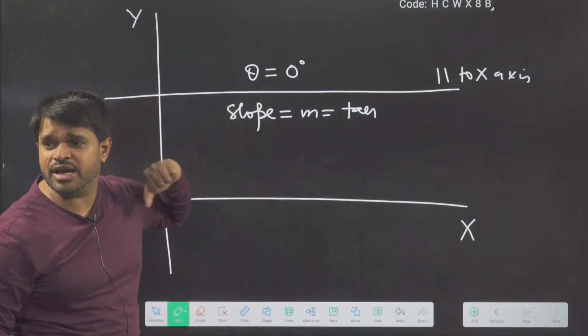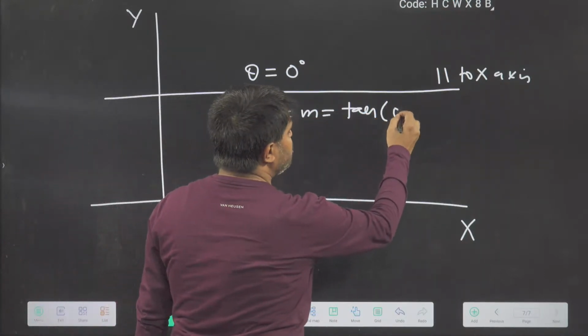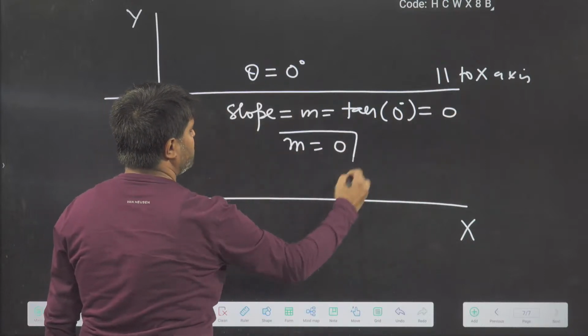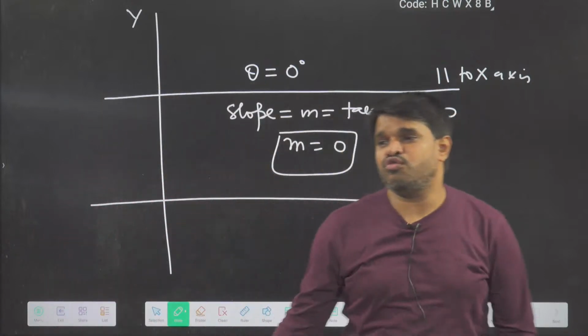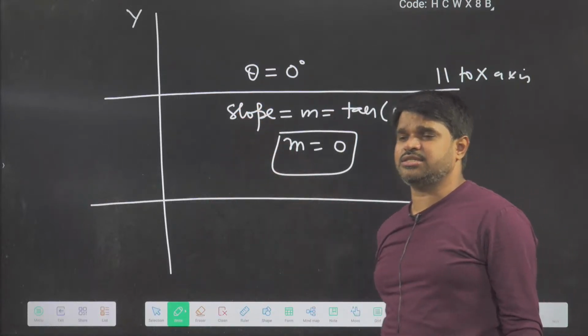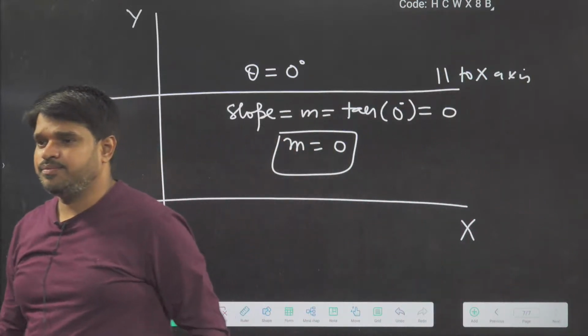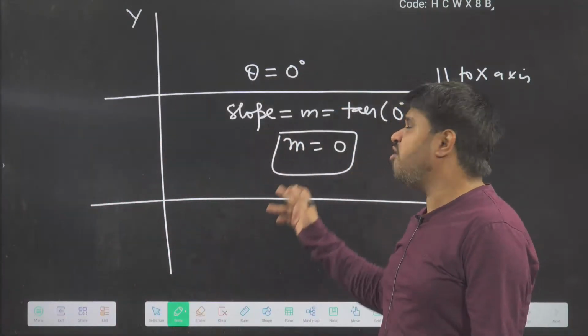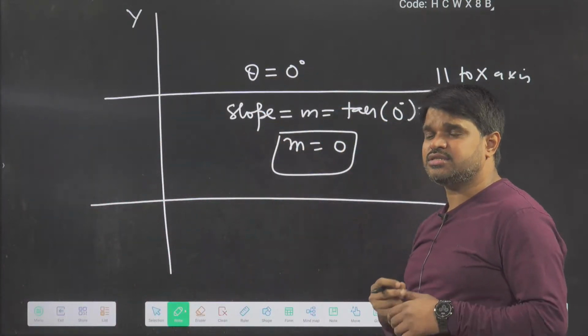Theta here is 0, so tan 0 becomes 0. So the slope of a line parallel to the x-axis is 0.